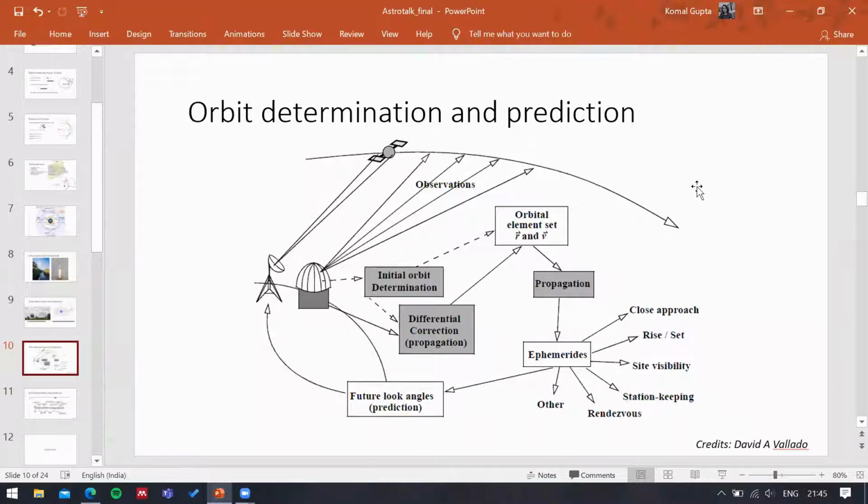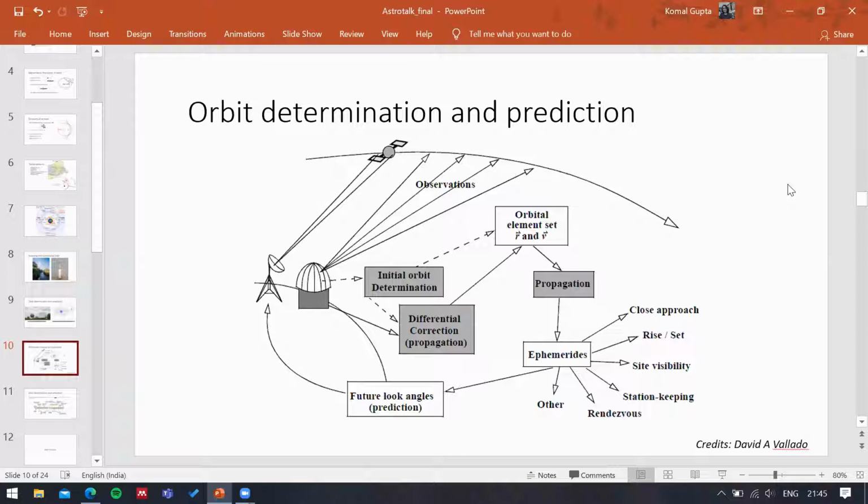Now, orbit prediction algorithms range from analytical to numerical algorithms. They have their own different metrics for speed and accuracy. There are also semi-analytical methods that are becoming very popular these days.